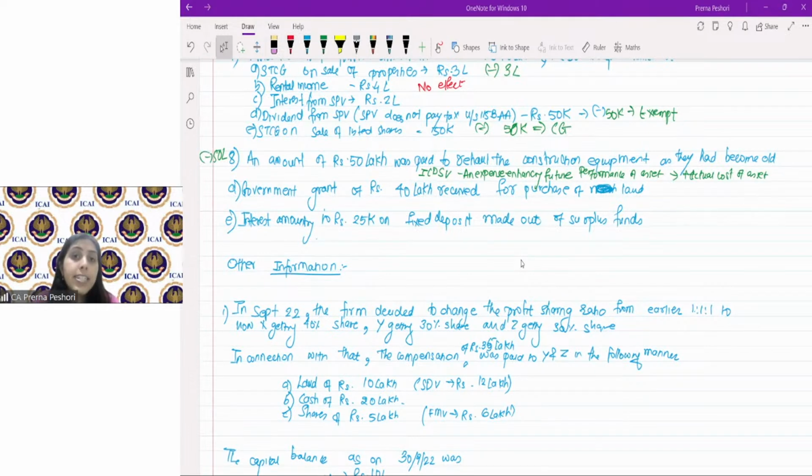But Kaushiki, this is a non-depreciable asset. You reduce from the actual cost when it's a depreciable asset. This is a non-depreciable asset. So what will we do in this case?